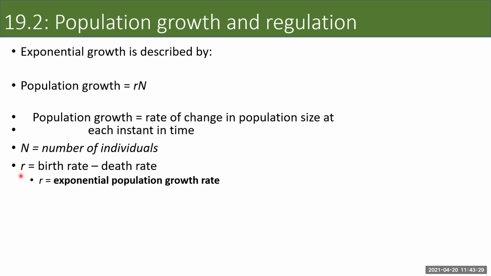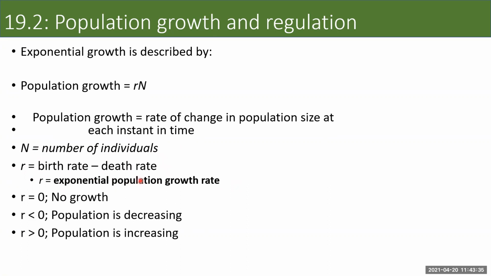Now, r tells us a lot of things. Based off of this relationship, birth rate minus death rate, if r is equal to 0, then your births are equal to your deaths and you have no growth. If r is less than 0, then your population is decreasing. The way r becomes less than 0 is if you have more deaths than births.